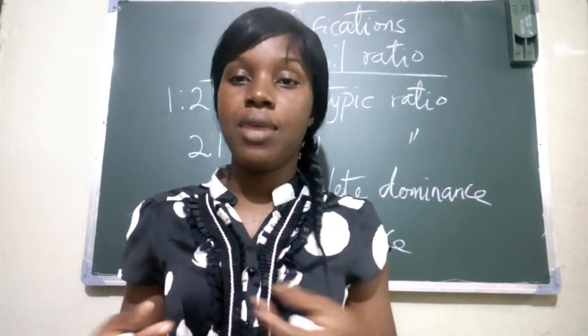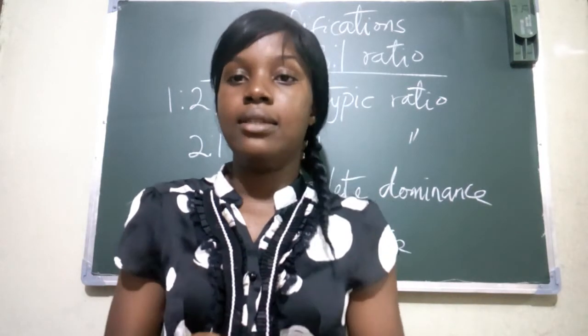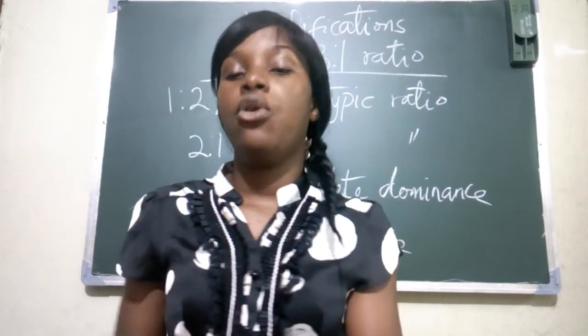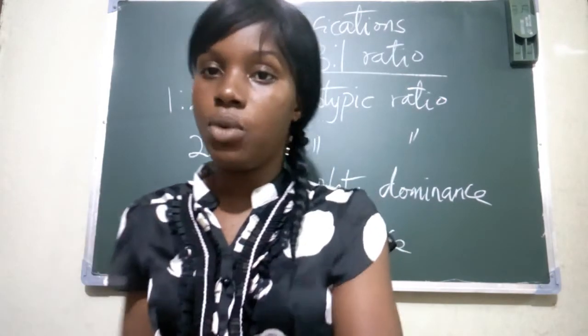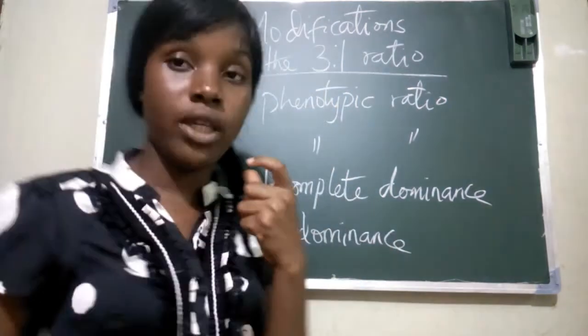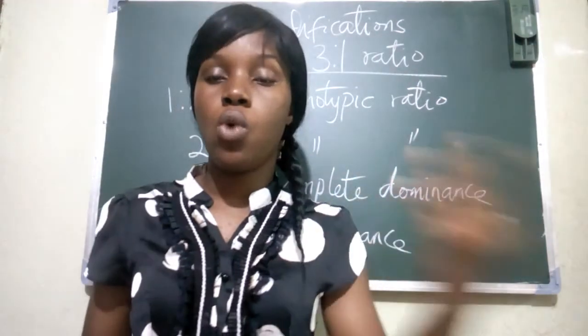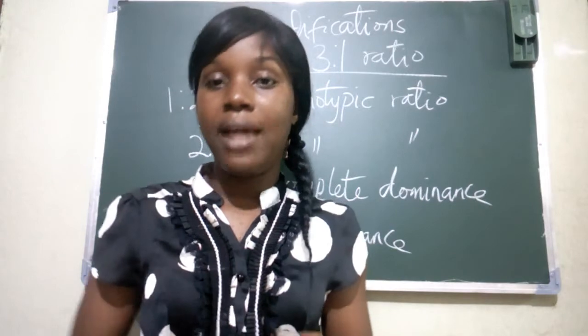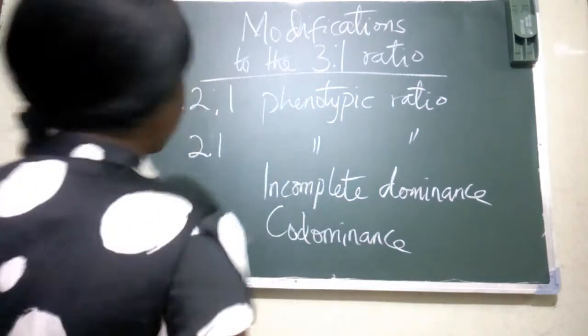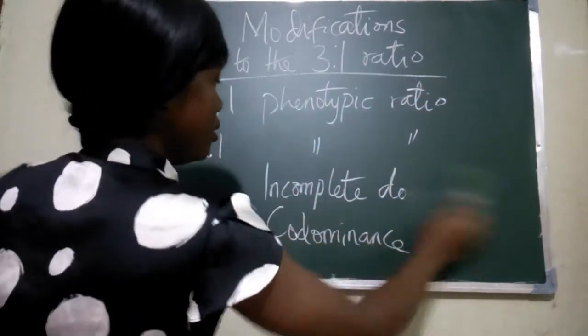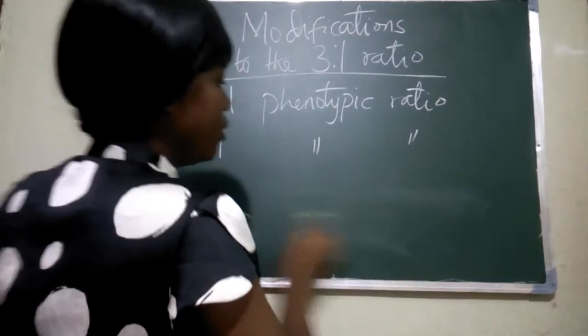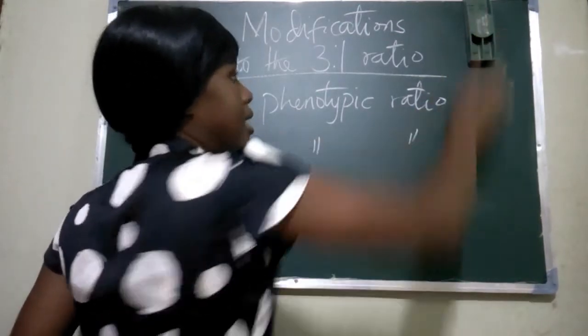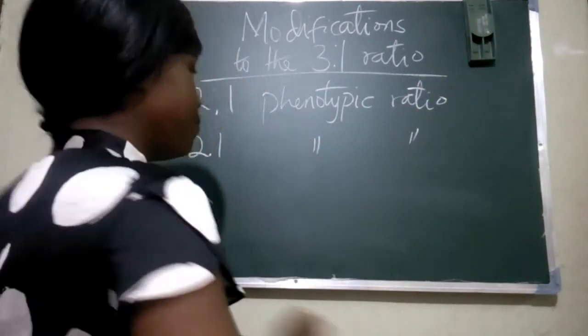They both express themselves but are blended in the phenotype of the F2 individuals. I will give two examples, one that applies to plants and the other that applies to animals. Example of incomplete dominance in plants.